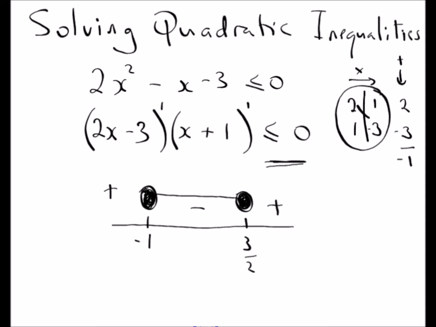So that region there is the region of our solution. So my x values are such that x is between negative 1 and 3 on 2. And because we're also equal to negative 1 and equal to 3 on 2, we have those inequality symbols. So that is my solution for x in this problem.